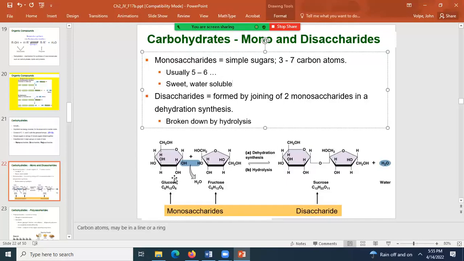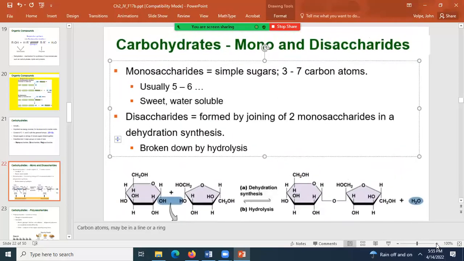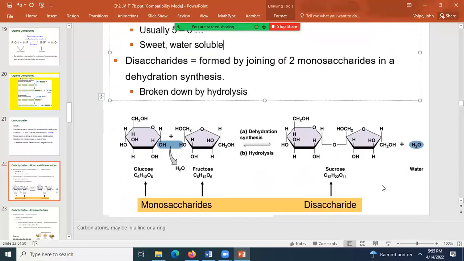So here we have glucose and fructose. They're both monosaccharides. Let me blow that up a little. We pull water off of glucose and fructose, and then we directly link this carbon to this oxygen right here.